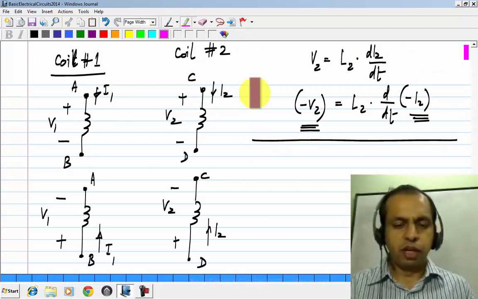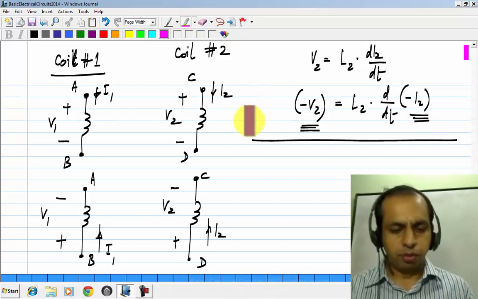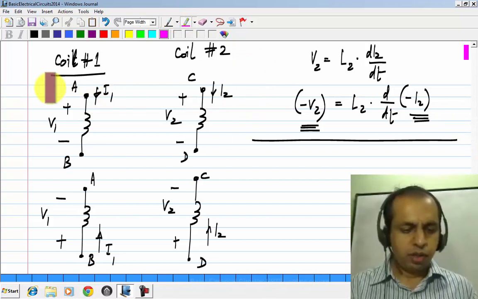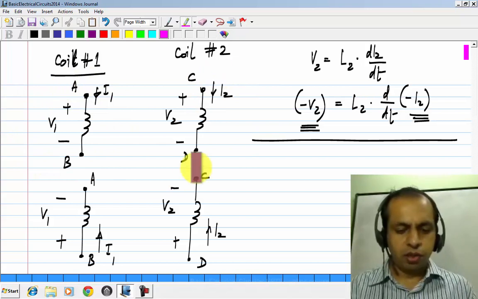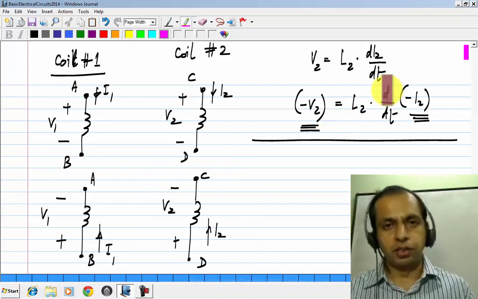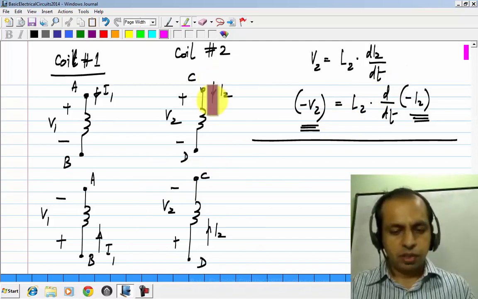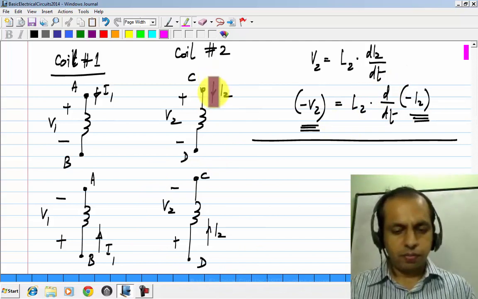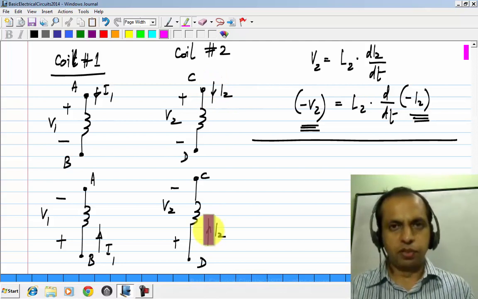But when you have a mutual inductor, there is a problem. Now, I could define coil 1 to be like this and coil 2 to be like this, or like that. That makes a difference for the mutual inductance, because this current is opposite of that current.